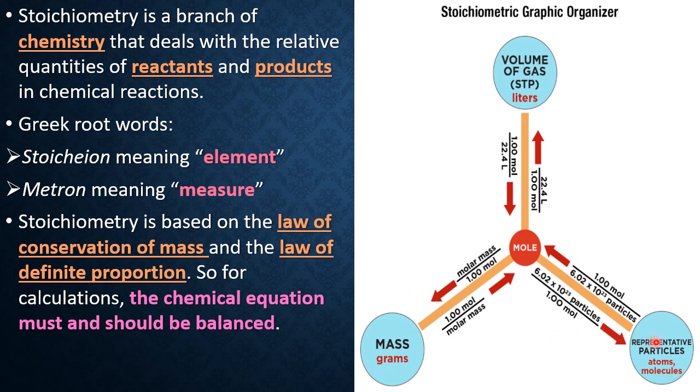This many numbers participated in the reaction and how many are formed, or this much volume of gases were there before the reaction and these many gases were formed after the reaction. Here also, this many grams of reactants were there and after the reaction this much amount of products are formed. Or in terms of mole, earlier I was having 10 moles, now how many moles are formed. So all these interconversions come under stoichiometry.